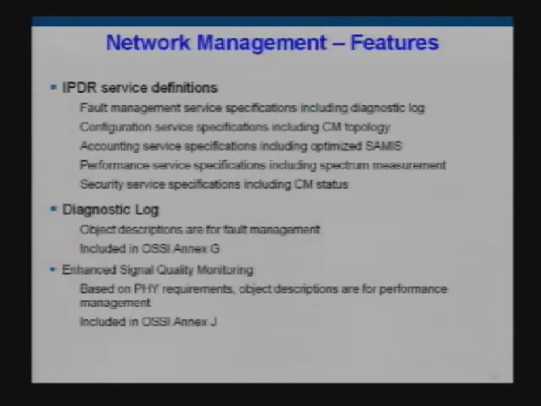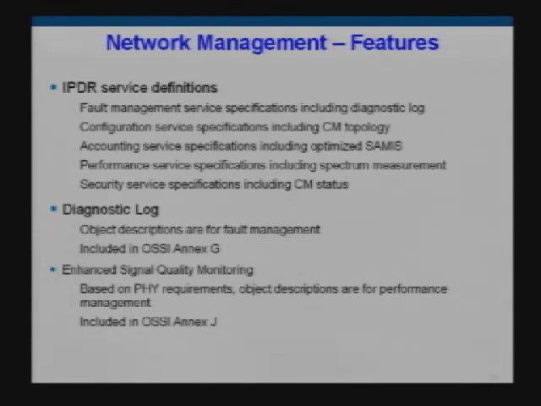I have a single slide on OSSI. So the major difference between DOCSIS 2.0 and DOCSIS 3.0 as far as OSSI is concerned, because of the overheads involved in SNMP management and the inefficiency, DOCSIS 3.0 OSSI introduces IPDR. IPDR was previously used with DOCSIS for streaming the statistics information for accounting purposes.